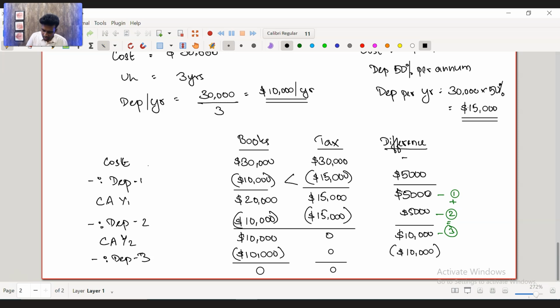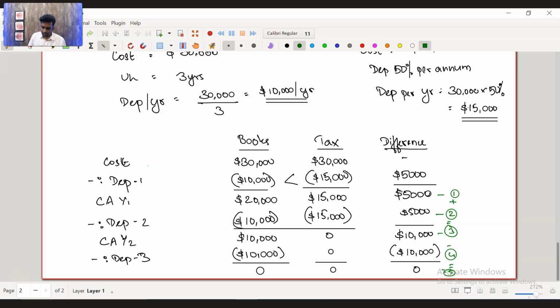Now when it comes to year 3, the difference is gone because the carrying amount as per tax became 0. So in year 1 and year 2 there is a difference, but in year 3 there is no difference.